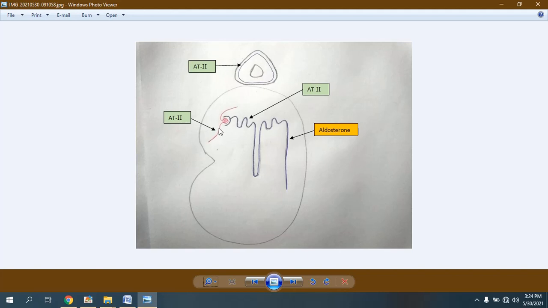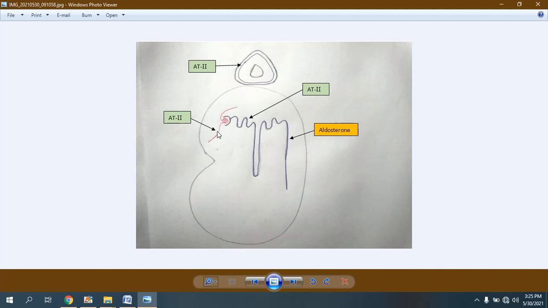This is one side of the mechanism of angiotensin 2. So angiotensin 2 combined with its receptor on the efferent arteriole contracts it to decrease the GFR.